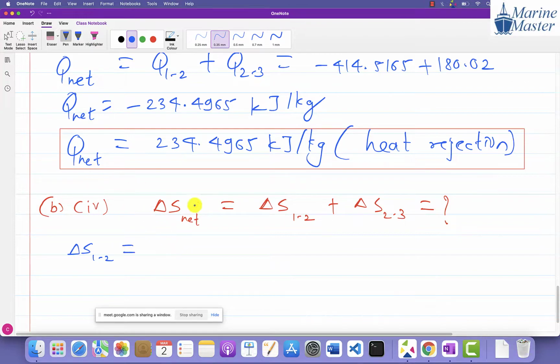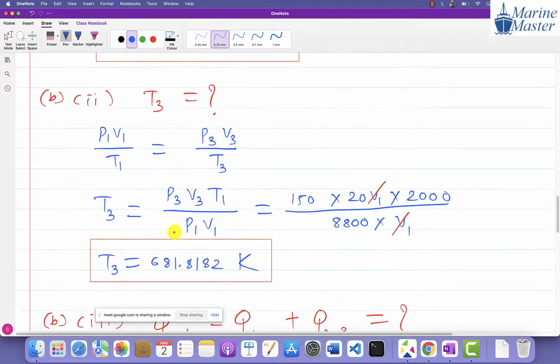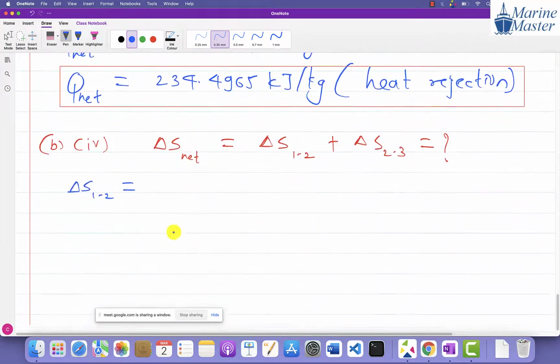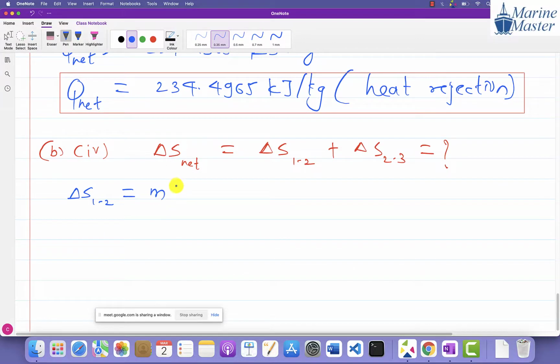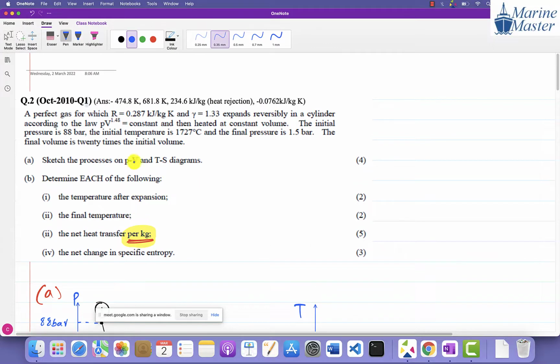What is the first relation we have? 1 to 2 is polytropic, so generalized it is m Cv. Now over here delta S is in terms of entropy, but they are asking for the specific entropy, so we have to divide by mass. Net change in specific entropy.